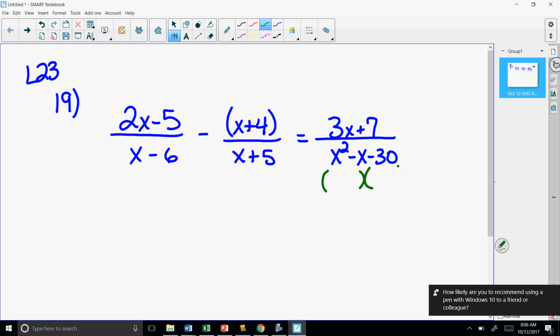If you factor this, how does that factor? The quantity x minus 6 and the quantity x plus 5. So I'm going to multiply both sides by that common denominator, using the distributive property.